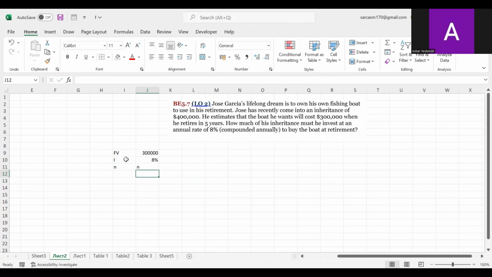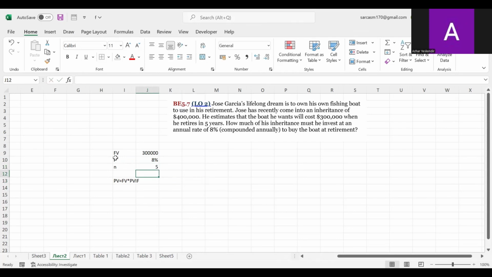We have a formula that present value equals future value multiplied by present value interest factor. What is present value interest factor?